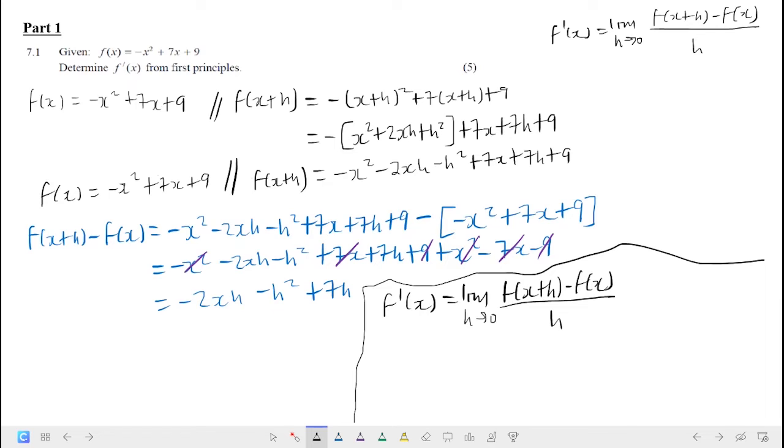Now, we know what is f of x plus h minus f of x, right? So let's go ahead and open on the new board and see if you can write that. So first of all, let me rewrite again that part. Limit as h approaches 0 of f of x plus h minus f of x all divided by h.